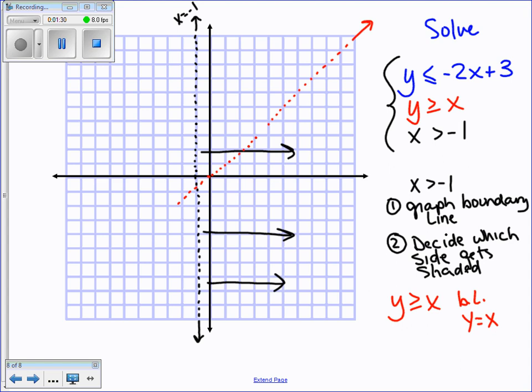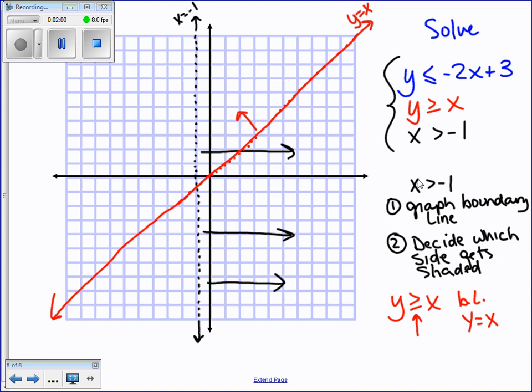And since it's greater than or equal to, I can make that a solid line that goes through all of those. So that's the boundary line y equals x. Now I'm going to look at which side to shade. It says y is greater than or equal to x. Some of you might know right away that that would be on top of the line.